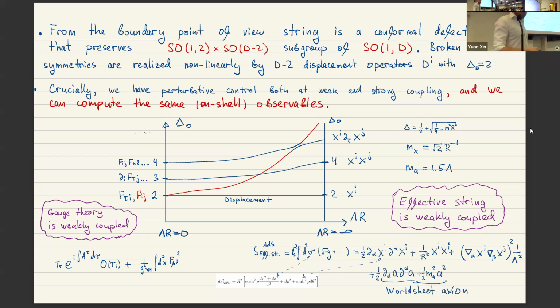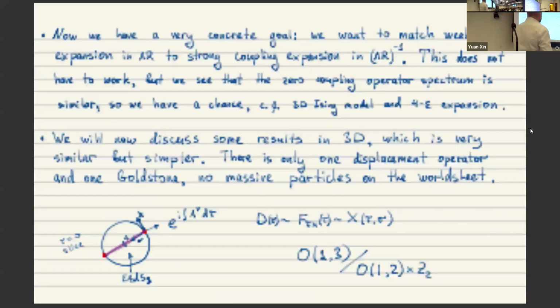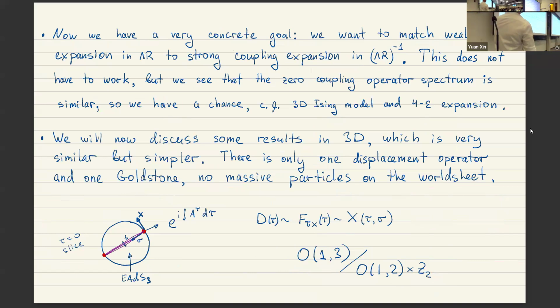Okay, very good. Because if we have a massive particle on the world sheet in flat space, we should also see it in our world sheet once we put the thing in AdS, definitely at large radius. Very good. Okay, I should be moving a little bit faster. So our concrete goal is now to match this weak and strong coupling expansion.